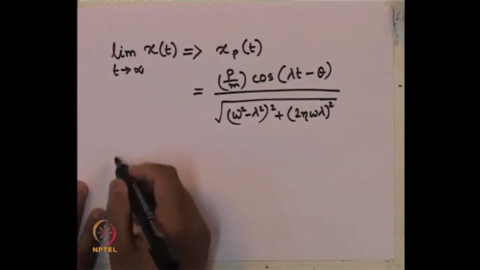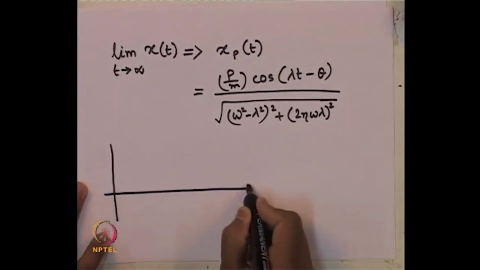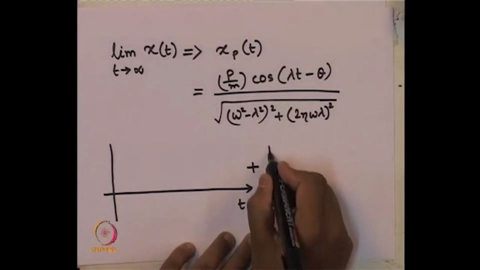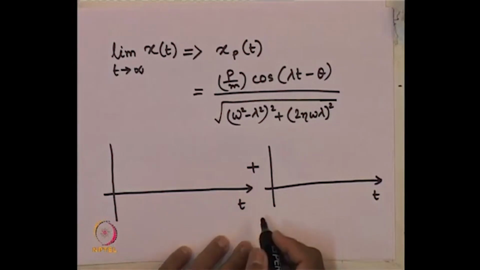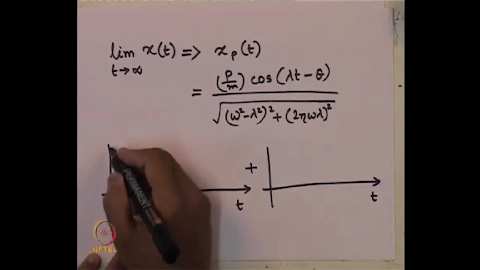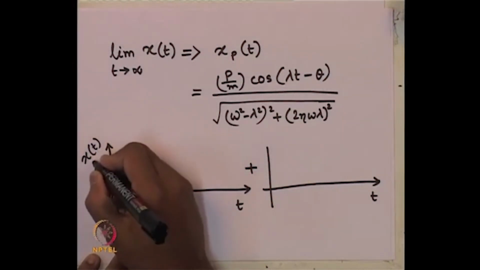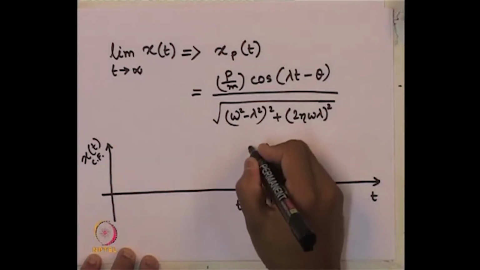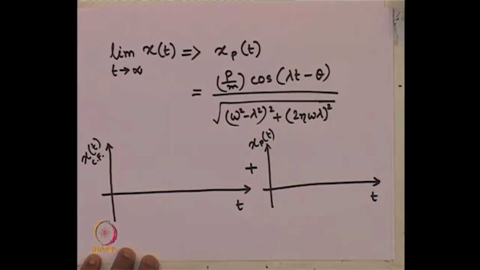As I said, the total solution has two components, what I am describing just now. I am just drawing them separately and then we will combine them, so I am putting this plus sign here. In this, I am drawing x of t, the complementary function only, and in this axis I am drawing x_p of t, the particular integral part.